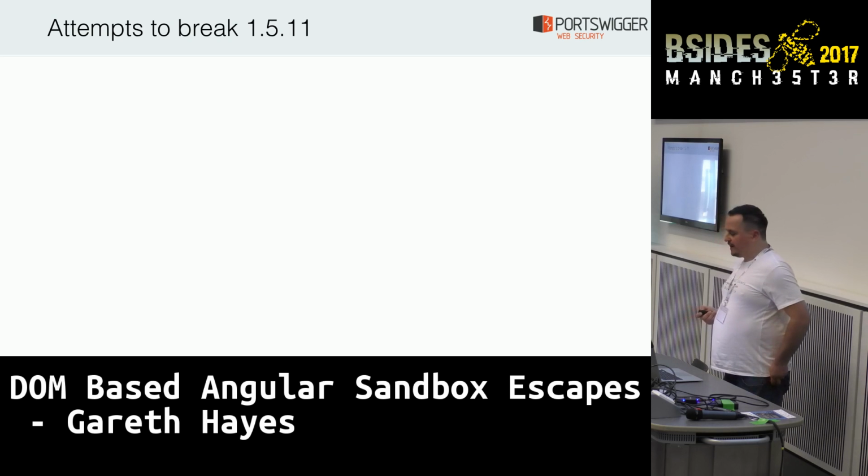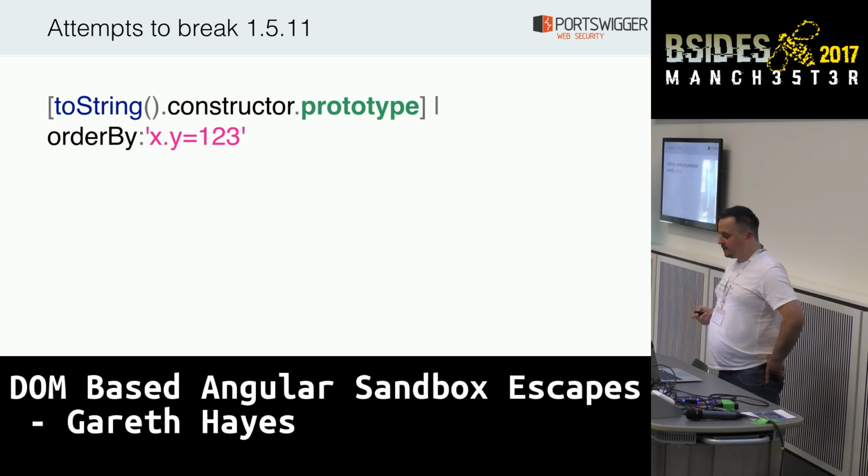I also attempted to break the latest version of the Angular Sandbox, so version 1.5.11. In this version of Angular, that trick that I've just showed you on the previous slide doesn't work now. It will prevent access to modifying the string prototype.